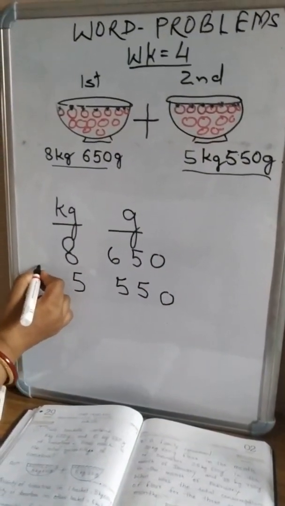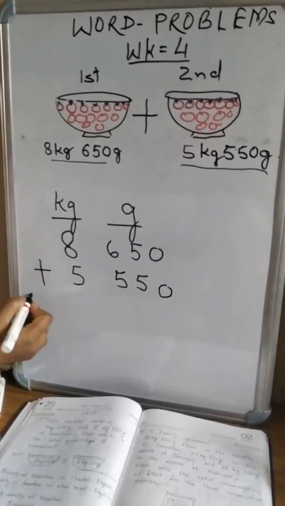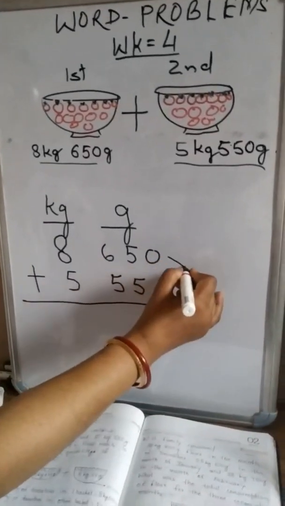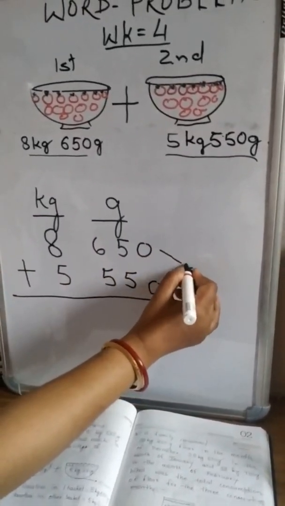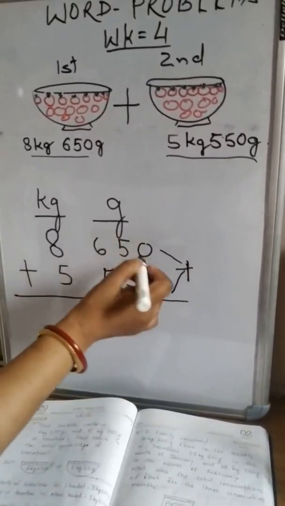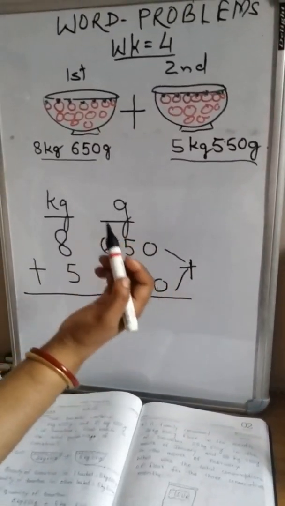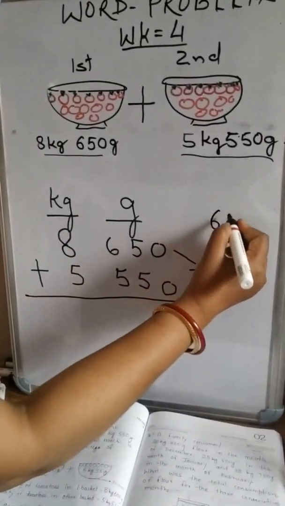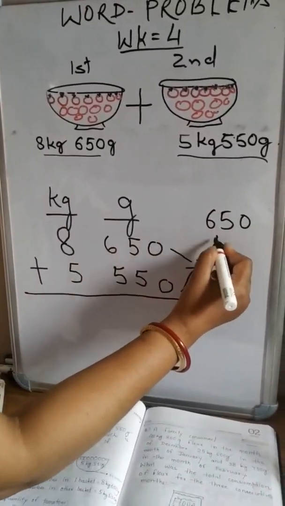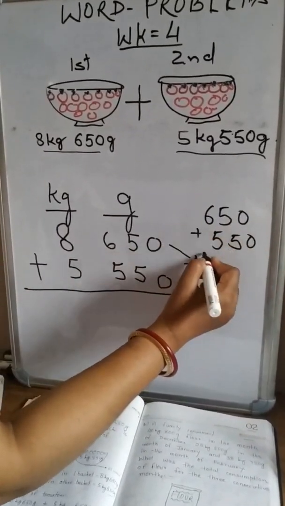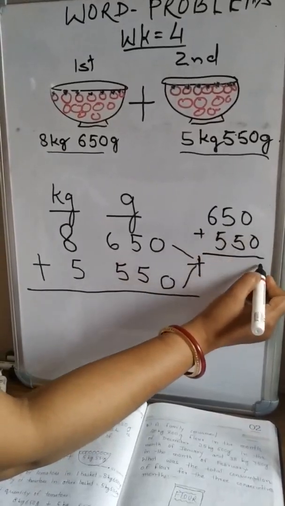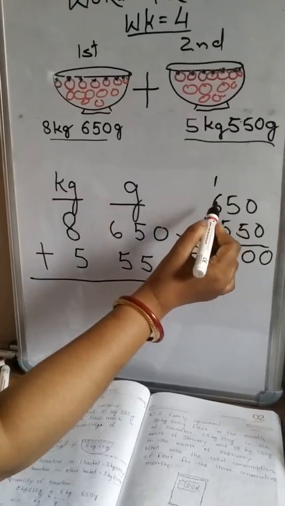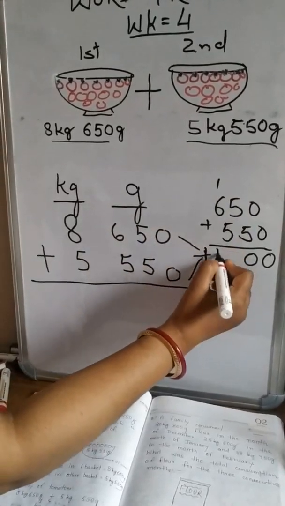Now which mathematical operation will we do? Addition. Now we will add. We add the smaller unit first, starting the addition from the right side. So here we will add 650 and 550. How much did we get? 0 plus 0 is 0, 5 plus 5 is 10, 0, 1 carry over, 6 plus 1 is 7, 7 plus 5 is 12.